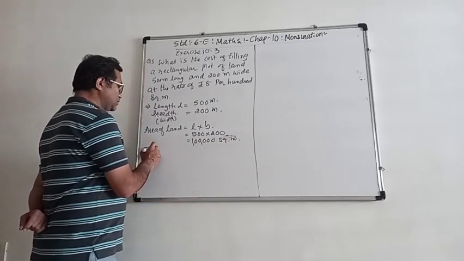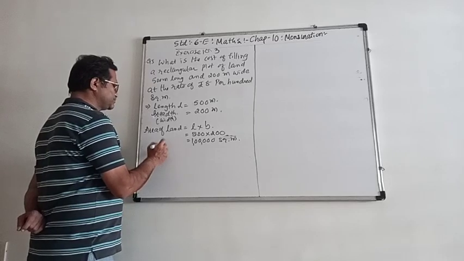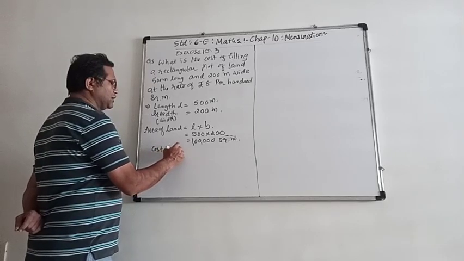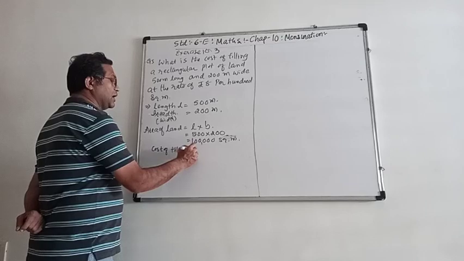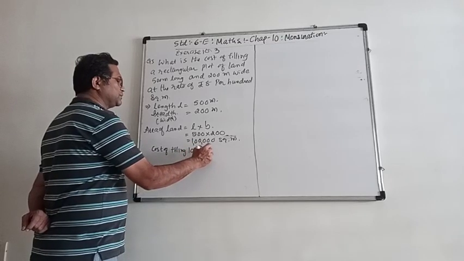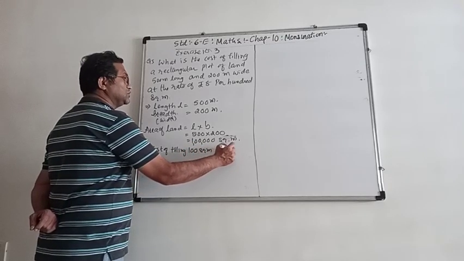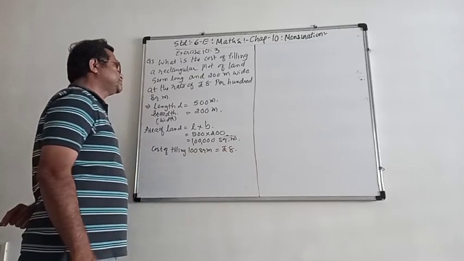So now the cost of tilling 100 square meter is equal to rupees 8.